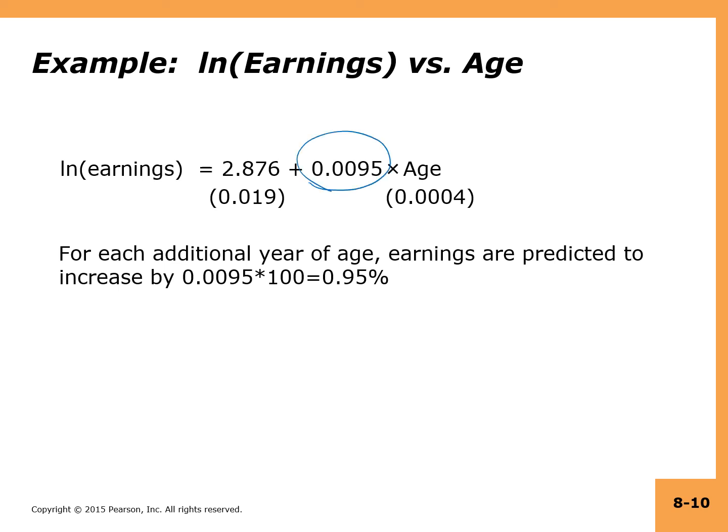The way to interpret this coefficient is that if age increases by 1, the earnings would increase by 0.0095 times 100%, or 0.95%. In other words, for each additional year of age, earnings are predicted to increase by almost 1% in our model.